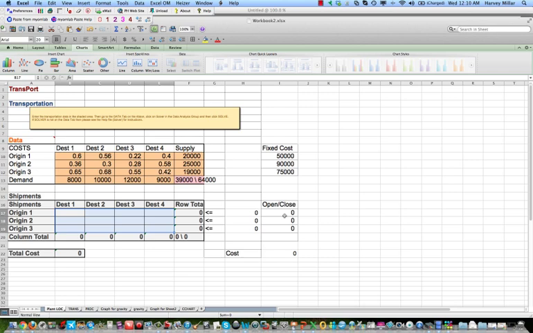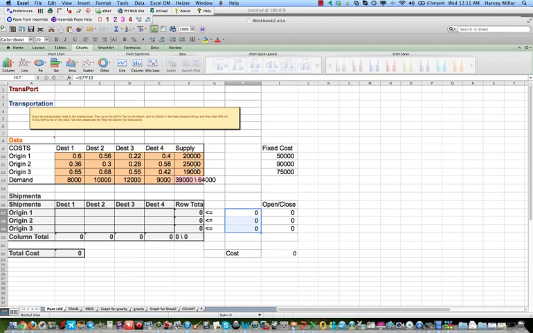The other variable I must introduce is whether or not the plant or warehouse is going to be open or closed. So I have to create these variables right here. So here are the costs and here are the variables. What this part represents is the actual value of M times Y. In other words, M times Y. Remember that for my value for M, I'm actually going to use the supplies at the location.